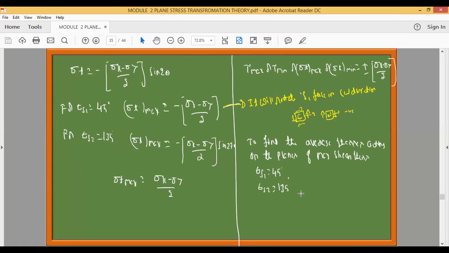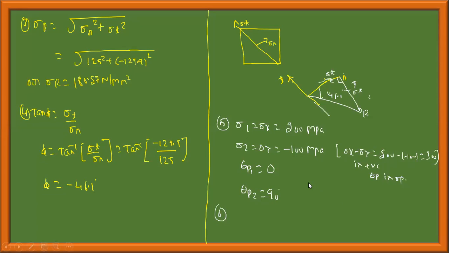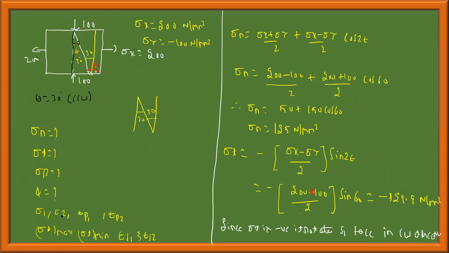This is sigma t is equal to minus of sigma x minus sigma y by 2 sine 2 theta. You can directly use that. See, this is what we have got. This will be maximum for 2 theta equal to 90 degree, or theta s1 is equal to 45 degree.